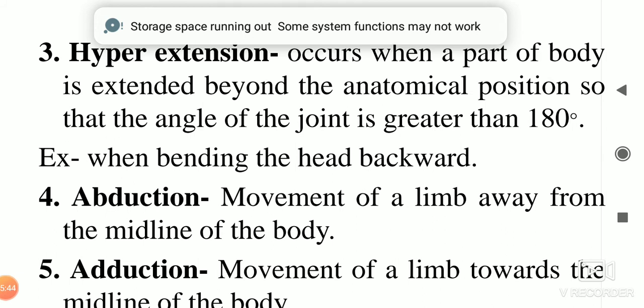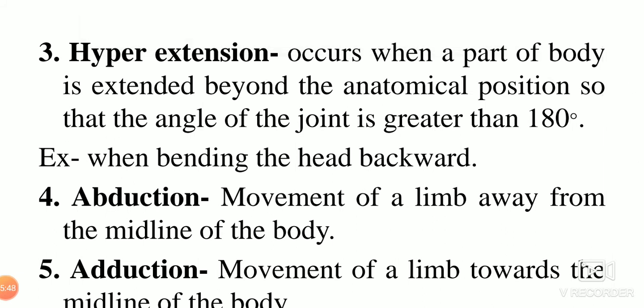Hyperextension occurs when a part of the body is extended beyond the anatomical position so that the angle of the joint is greater than 180, as when bending the head backwards. It means जब हम straight खड़े रहते हैं तब हमारा neck का angle रहता है 180, but we slightly tilt or see back side. At that time angle is more than 180 degree, so it is termed as hyperextension.